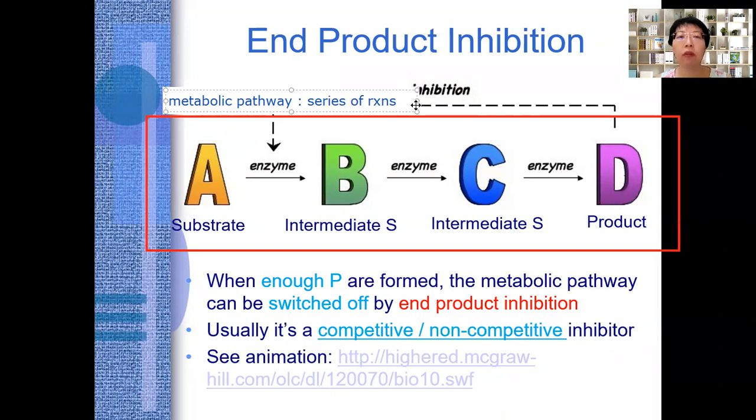Aerobic respiration in a cell is a metabolic pathway. It is made up of a series of steps before the glucose is fully oxidized to CO2 and water, ATP and heat. Why do you need so many steps? Why not one step? Because imagine glucose having 6 carbons becoming CO2 and water.